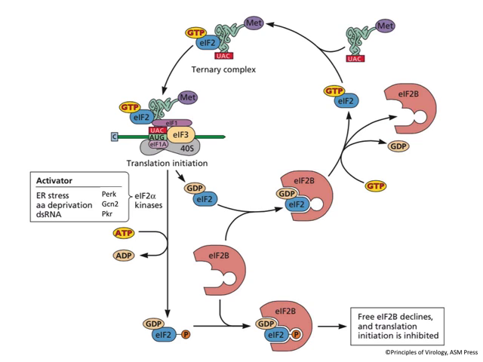If there are a lot of misfolded proteins in the ER, or if a virus is making a lot of glycoproteins in the ER, then this kinase called PERK will phosphorylate eIF2, which is shown down here. And that, of course, requires ATP. Amino acid deprivation also ends up in phosphorylating eIF2 by a protein kinase called GCN2. So if you starve cells for amino acids, they don't want to continue making proteins. That doesn't make sense. There's no amino acids. So protein synthesis is shut down.